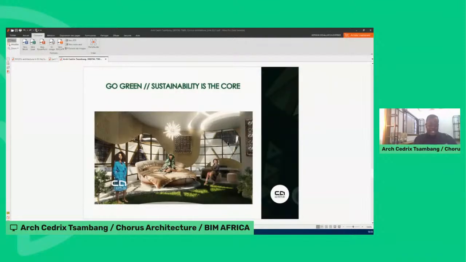So now the aim of everything, as far as we are concerned, is to go green, is to build sustainability, and sustainability is the core.